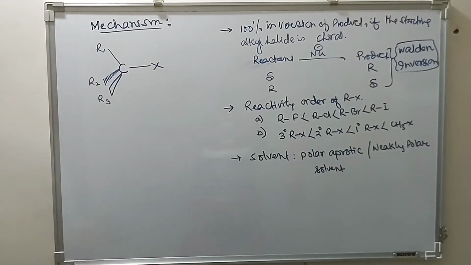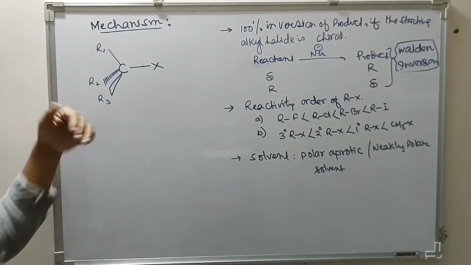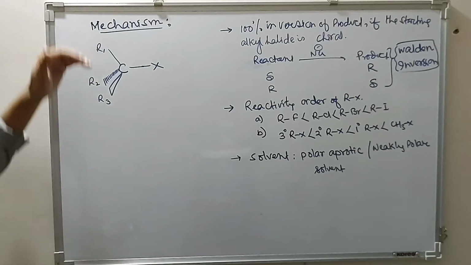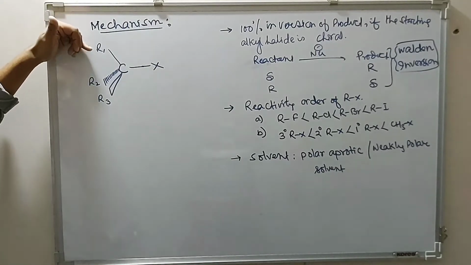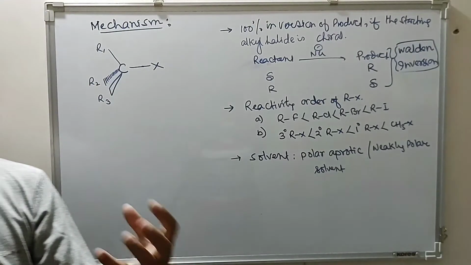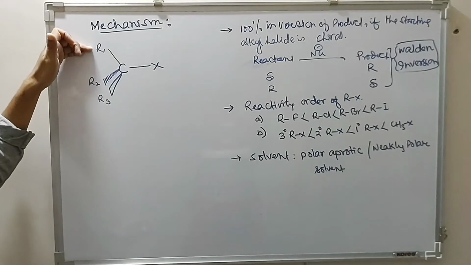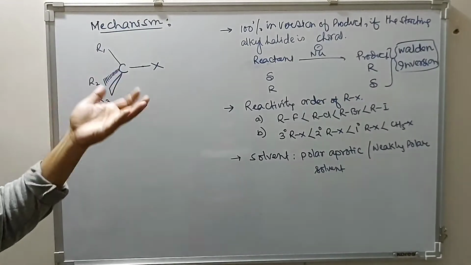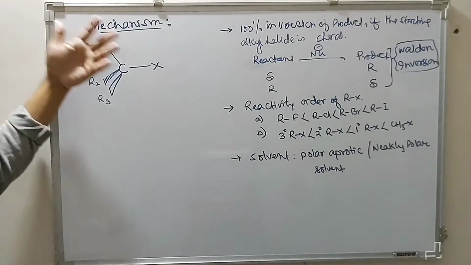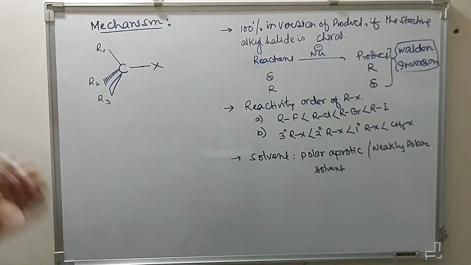These R1, R2, R3 may be hydrogen, may be alkyl group. If this is alkyl group, this may be primary, secondary or tertiary. Okay? So I'm just not specifying whether this is alkyl group or hydrogen. These may be hydrogen or may be alkyl group. If alkyl group, may be same or may be different.